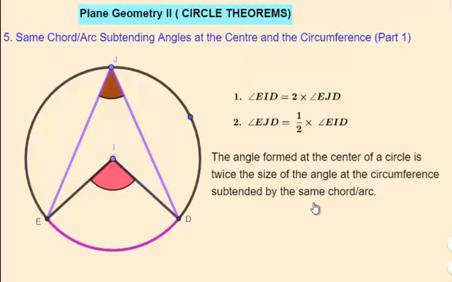Subtended by the same chord or arc, these 2 angles at the center and at the circumference subtend on the same chord and on the same arc. So that is the property and its meaning.